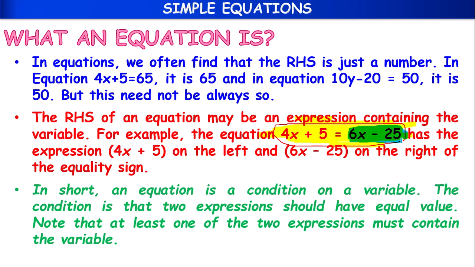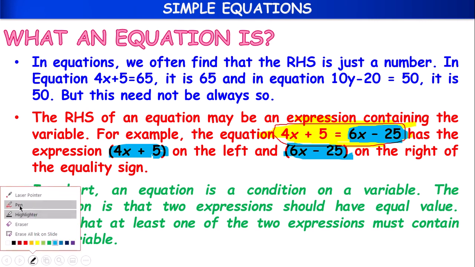This is the RHS part, which is not a number. On the left hand side we have 4x plus 5, which has a variable. On the right hand side we have 6x minus 25, which also has a variable. On both sides of the equality sign we have expressions containing variables.